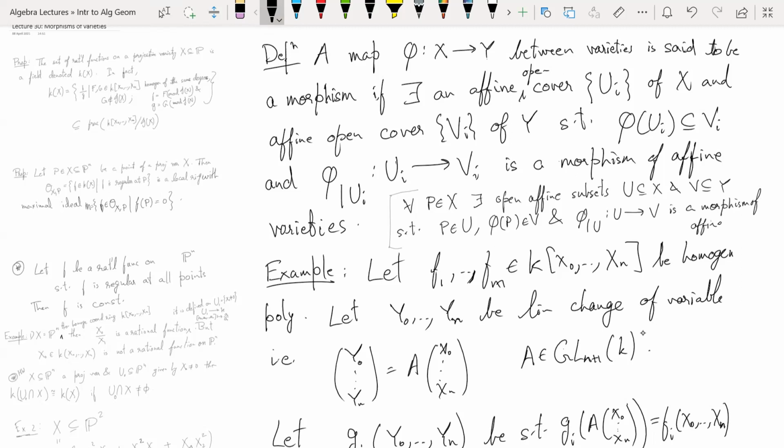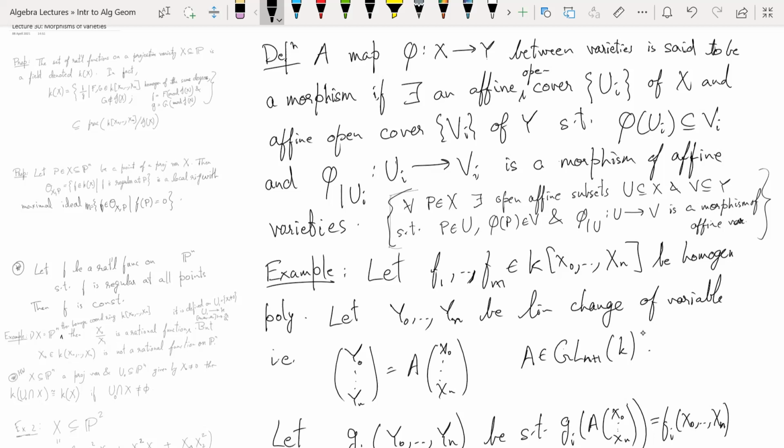So these two look somewhat similar, and actually they are the same notion. Locally at each point you can realize phi as a morphism of affine varieties. So there is an affine open cover, or in other words, you can.